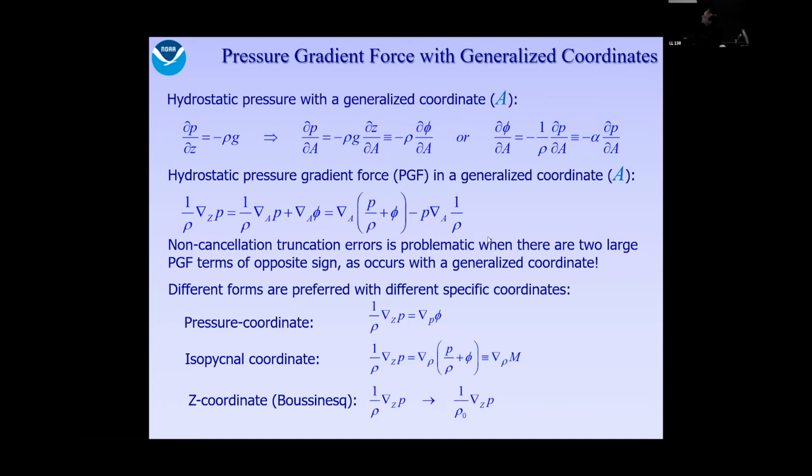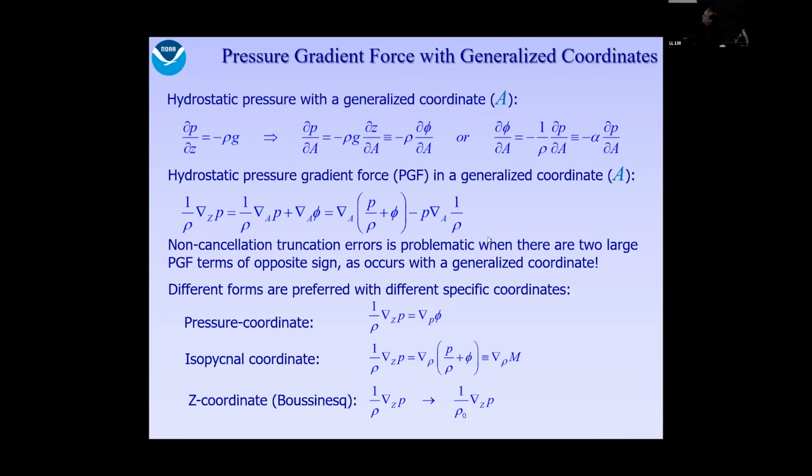Okay, and so in order to avoid having these two separate terms, there are three different vertical coordinates that are a little bit special. If you have a pressure coordinate model, then you would write your pressure gradient as the gradient along pressure surfaces of geopotential height. This is done in atmospheric models quite widely.